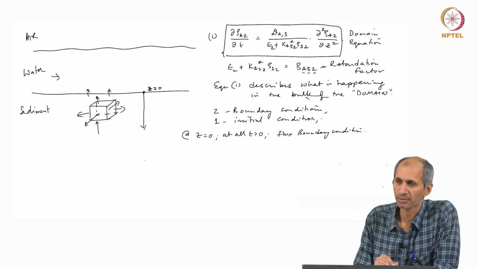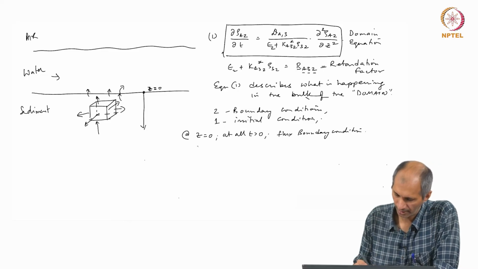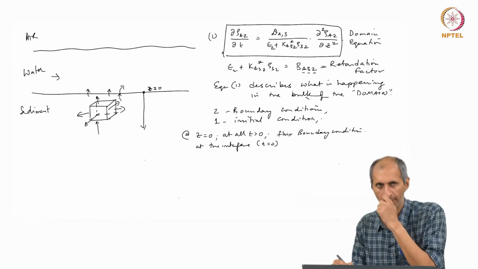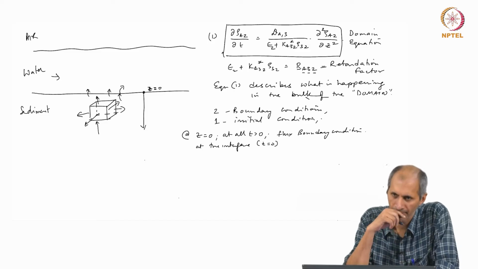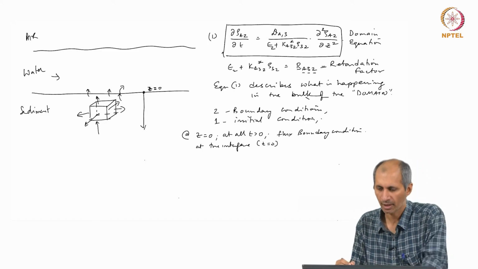This is an assumption that we make all the time. So whatever is coming from here is going here, at the interface, which is z equals 0. Material brought from one side of the interface is leaving to the other side at the same rate.